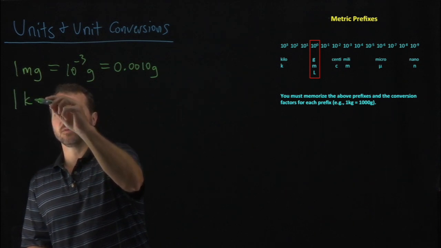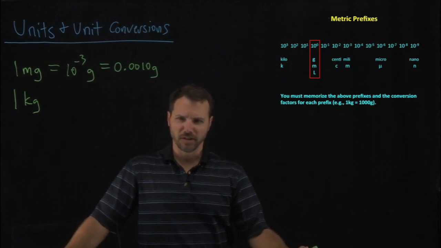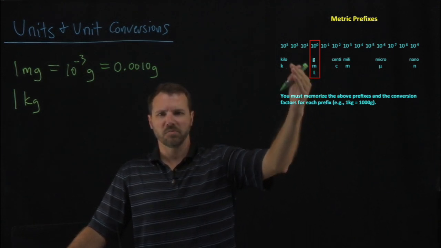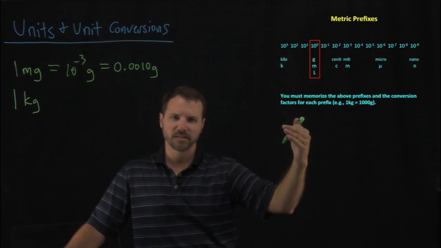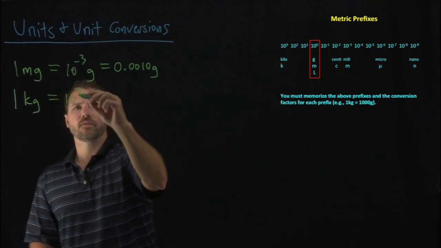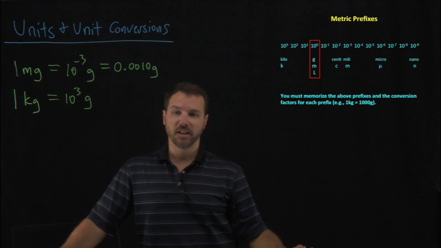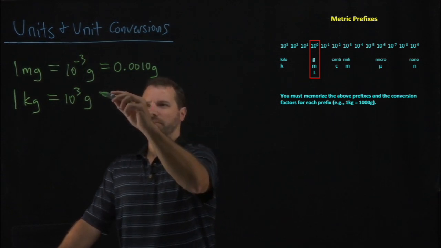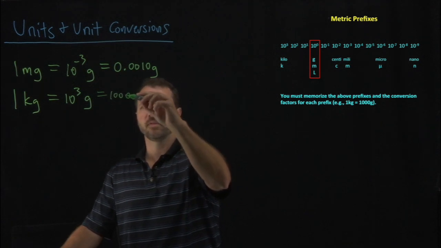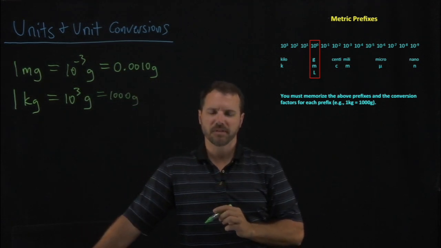we could say that we've measured 1 kilogram. So now we've measured a large number of grams, a large mass. And now kilo corresponds to 10 to the third. So if you memorize the prefix kilo is 10 to the third, we would just say now that equals 10 to the third grams. And of course, if we express that as a number, not an exponential form, that's 1,000 grams.